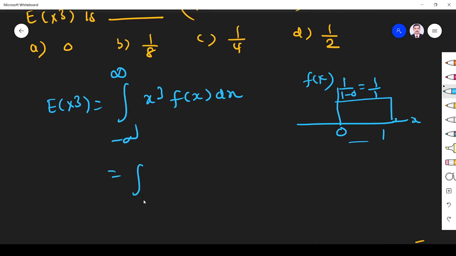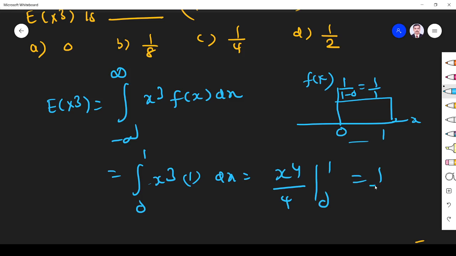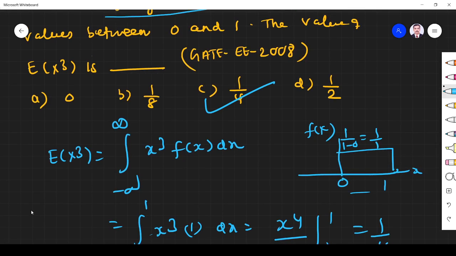So the integral varies from 0 to 1, because the integration is with respect to x only. So 0 to 1 x cube, f of x is 1 only, dx. So x power 4 by 4, 0 to 1, that is equal to 1 by 4. So option C is the correct answer, right? Simple question.